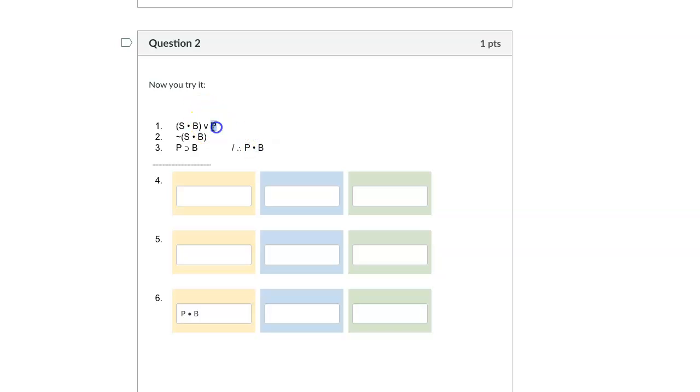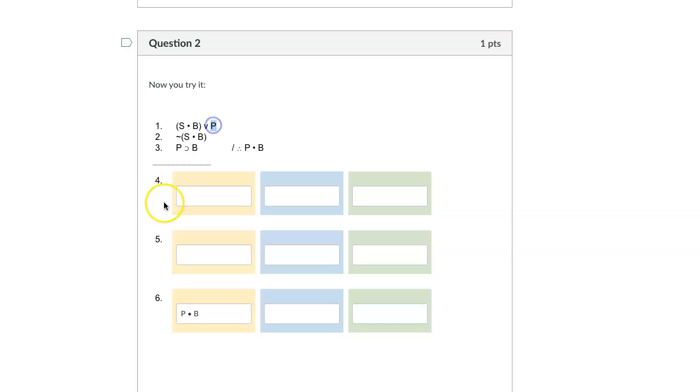Where does P show up in the premises? It shows up as the antecedent of a conditional. Can I get P out of a conditional? Well, sort of. The only rule that would allow me to do that is modus tollens. If I had not B, then I could get not P on its own line, but I don't want not P, I want P. So that's not promising.